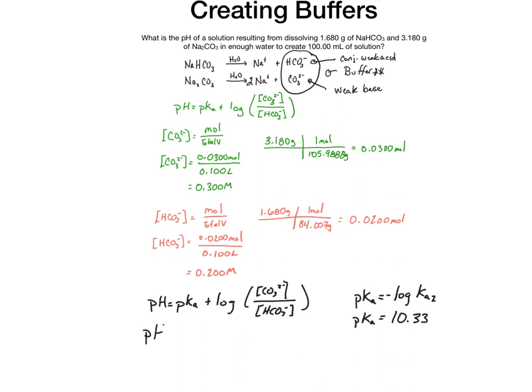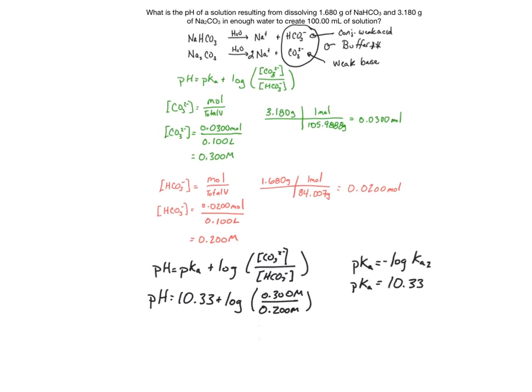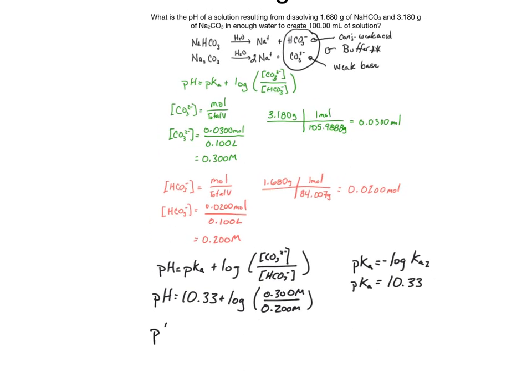And so the pH is equal to 10.33 plus the log of 0.300 molar divided by 0.200 molar. And so I find that my pH is equal to 10.51.